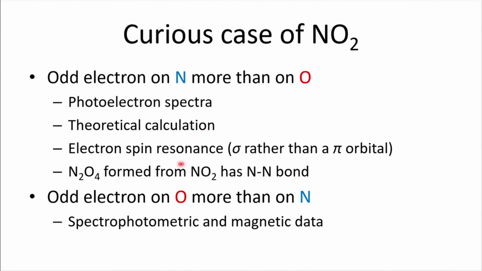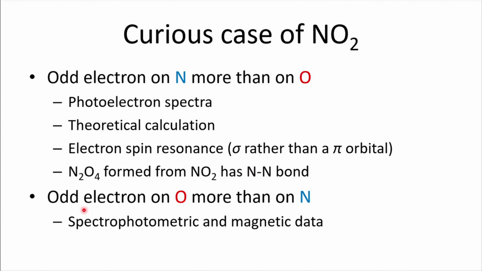Electron spin resonance shows that the electron is kept in a sigma rather than a pi orbital. And of course, the most crucial thing is that N2O4 formed from NO2 has an N-N bond. If the odd electron is kept on oxygen, how can an N-N bond be formed? So this is another piece of evidence that the odd electron is on nitrogen.